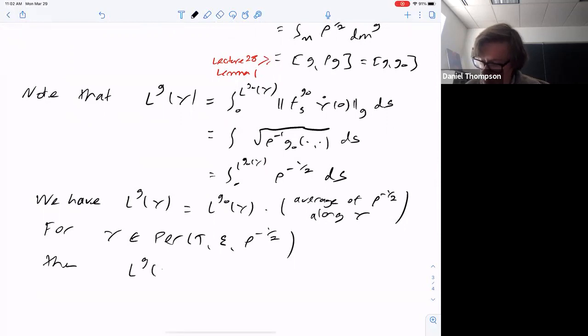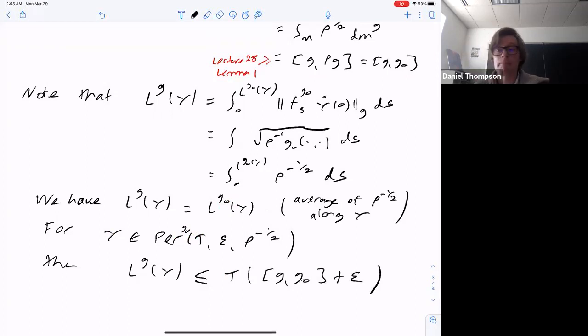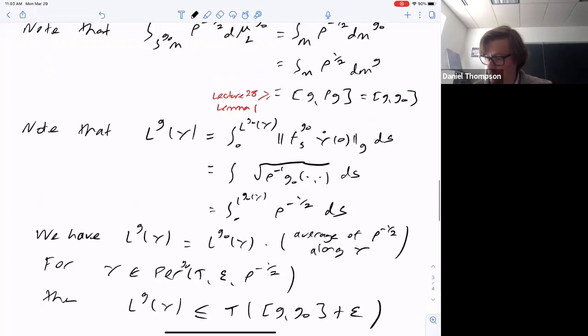We get L_g of gamma is less than or equal to T. The T is coming because this term went in there with g0 length less than or equal to T, and then the second term is the g0 bracket plus epsilon.